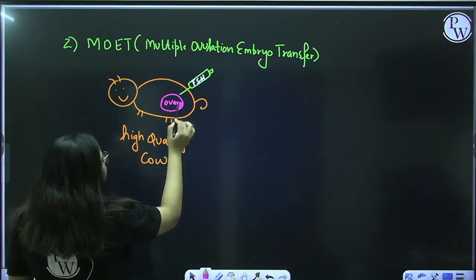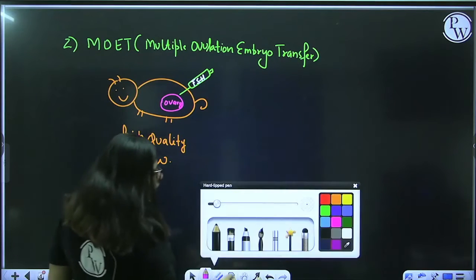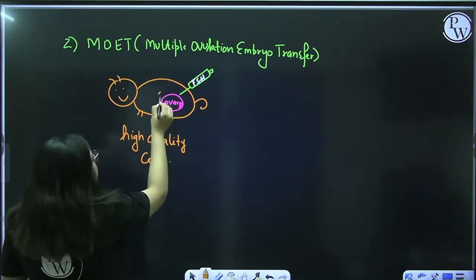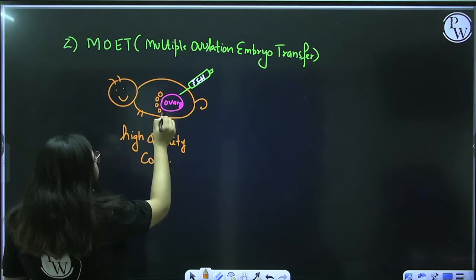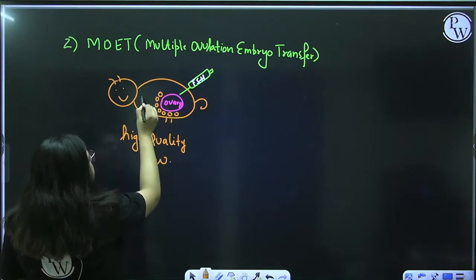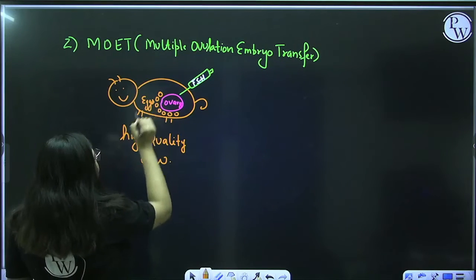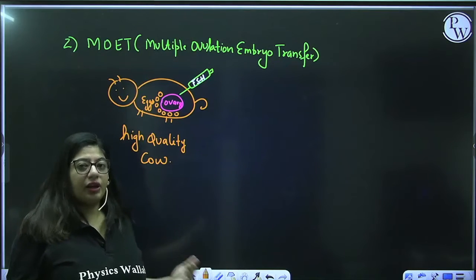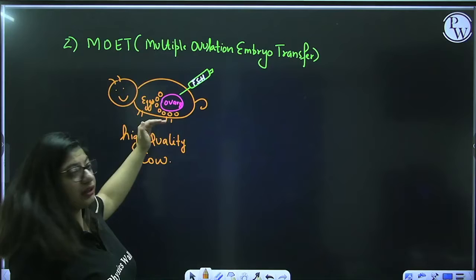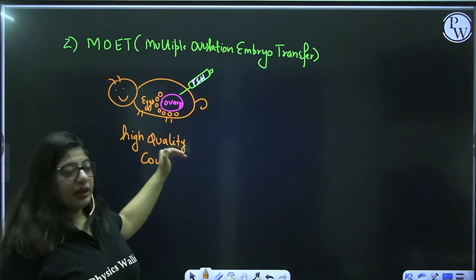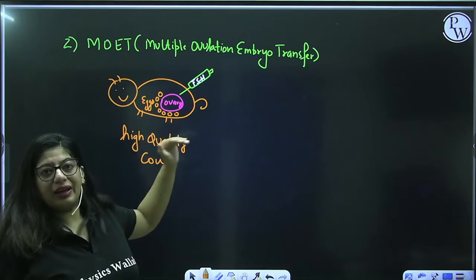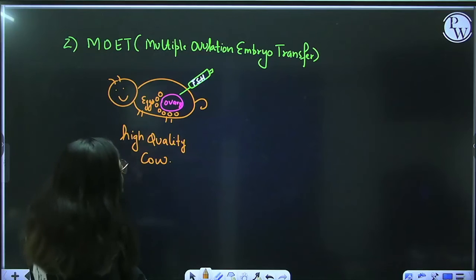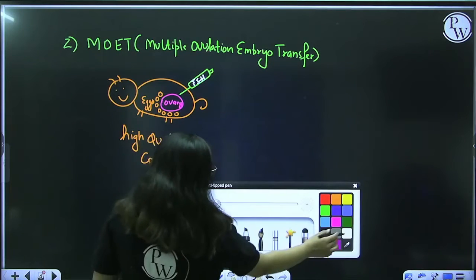In one ovulation, the ovary will produce 6 to 8 eggs. What are these? Eggs. So we give an injection to the cow because this is the cow that you need, and the ovaries will be stimulated and produce 6 to 8 eggs in one go. Now what do we do? We extract the eggs.